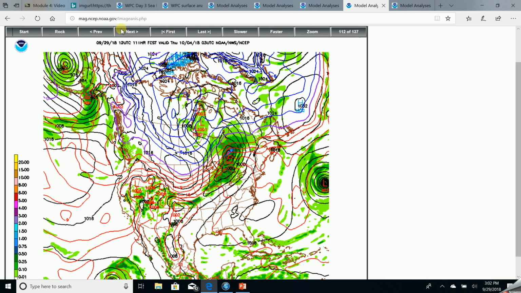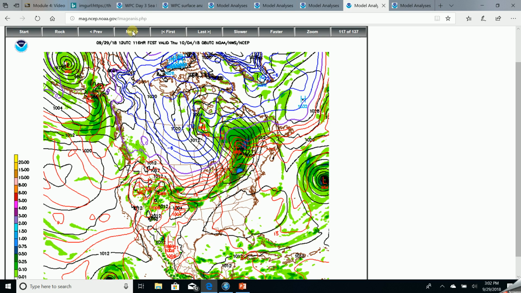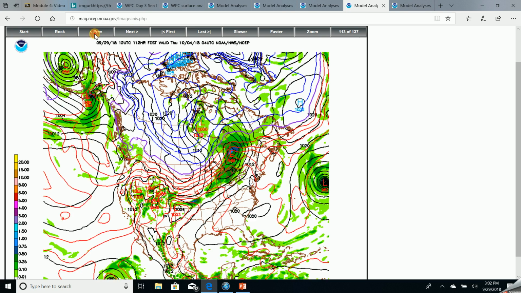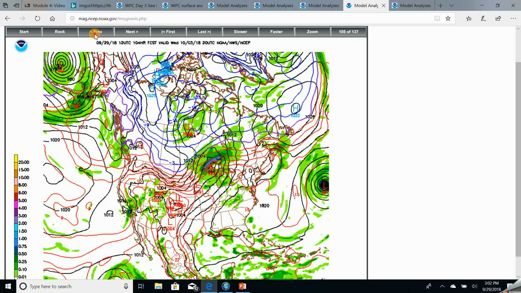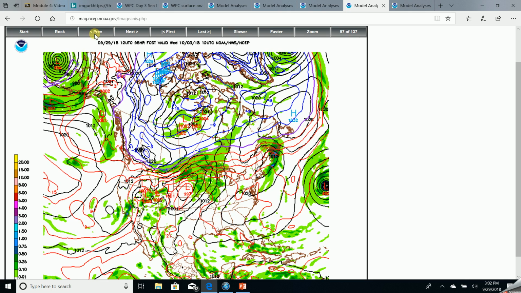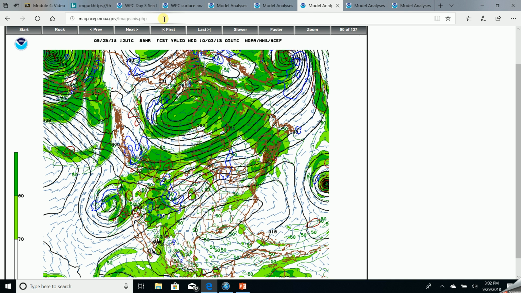So if we were to look at the same exact time frame, we started out back here in time. This was valid on Wednesday of next week at 12Z. So let's look at that Wednesday.